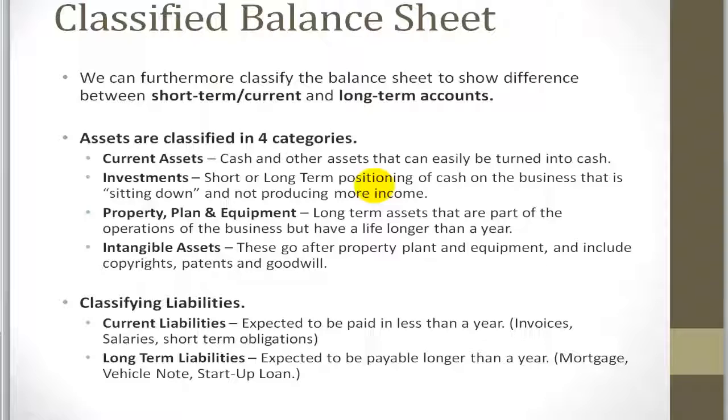So if you have a business that has a lot of cash and is not planning to use it, many businesses opt to invest the money either in bonds, which are usually short-term, or stocks that are usually long-term, to help produce income for the business.